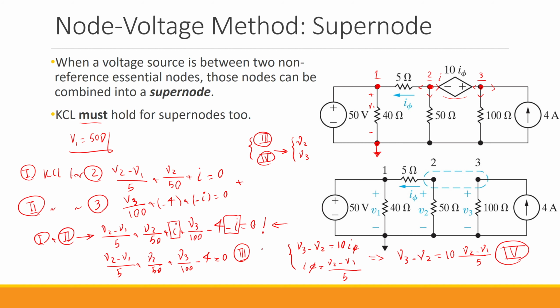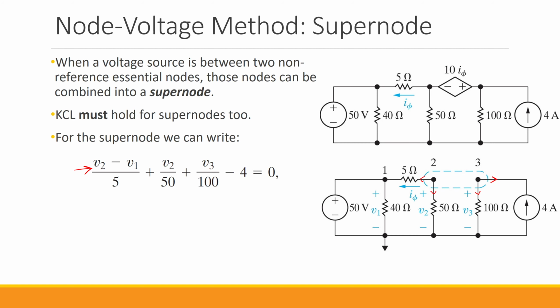So equation 3, right? Here I went through all the individual steps to get to this, but now that we know how supernodes work, we can directly write this equation.